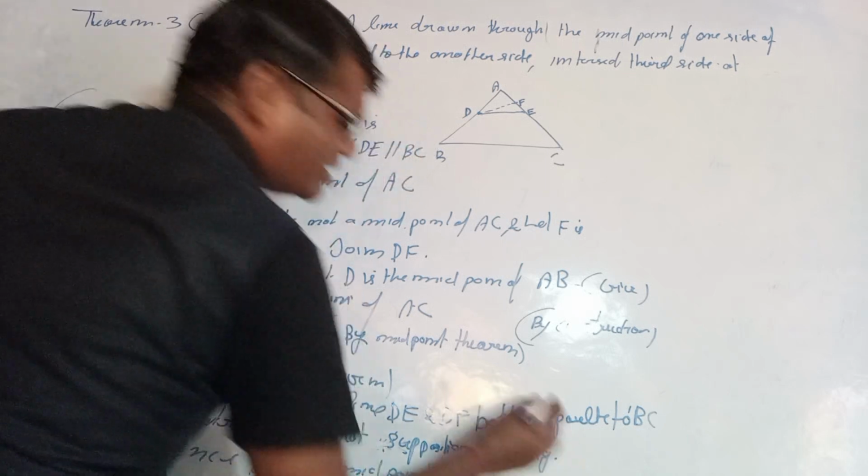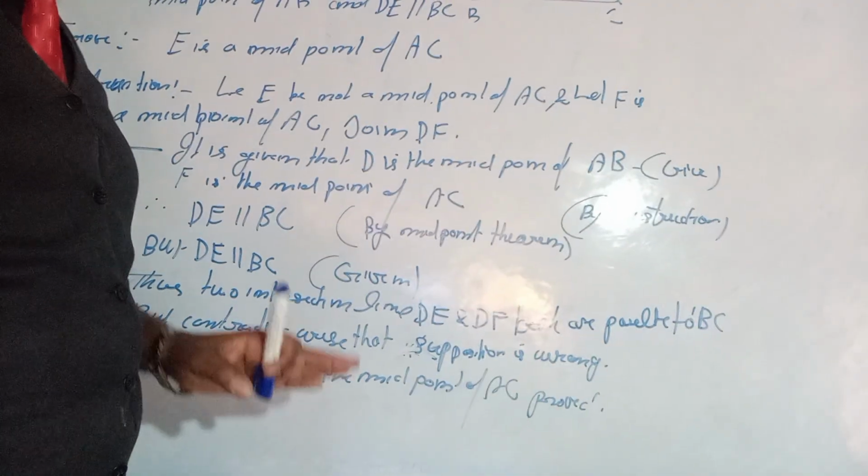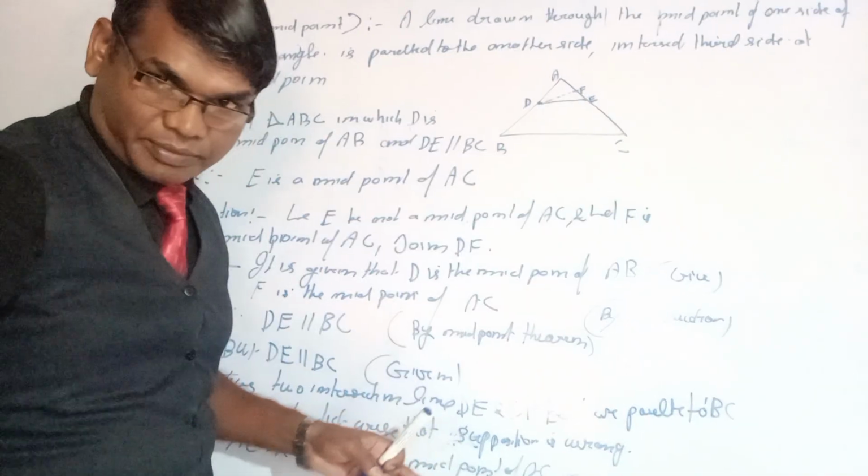This is a simple method. By this simple method we have proved it, and you will also prove it by watching once and understanding it. Okay, thank you very much. Bye bye.